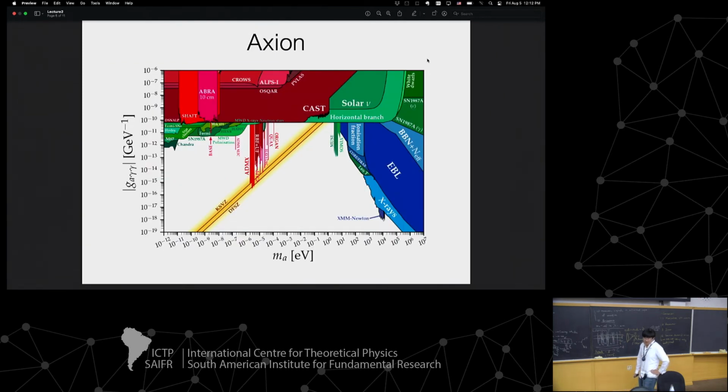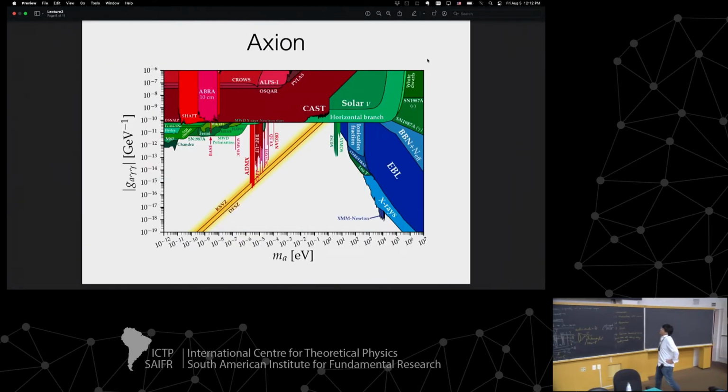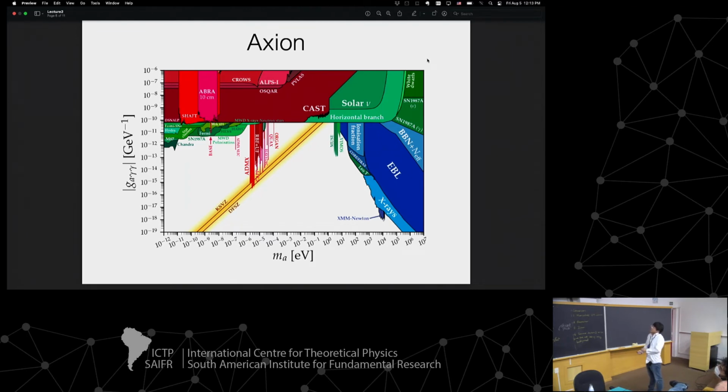So this is a similar plot for axions. On the x-axis we have the axion mass, and on the y-axis the coupling that one of you asked about, g_aγγ. Right now we are sensitive to something which couples with a suppression scale of 10 to the 10 GeV, and you can see how hard that is.